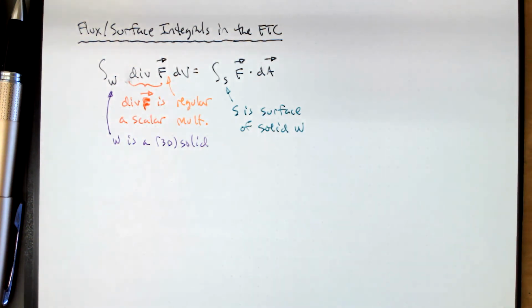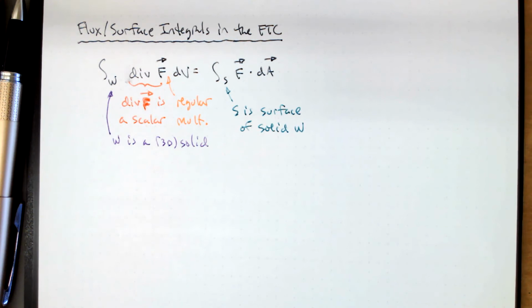Remember, we're thinking of these surface integrals, these flux integrals, as the vector field flowing through the surface. So let's put this stuff together. So we're calculating the divergence times dV.